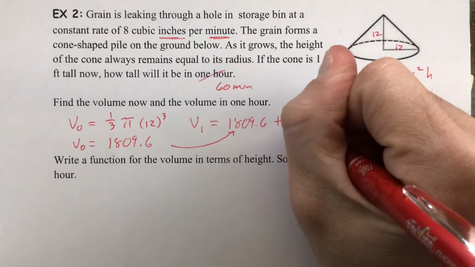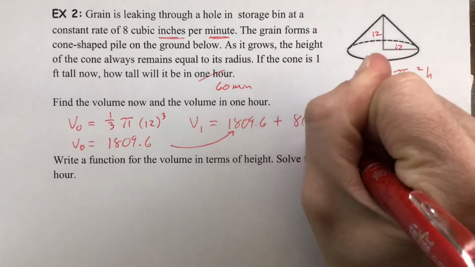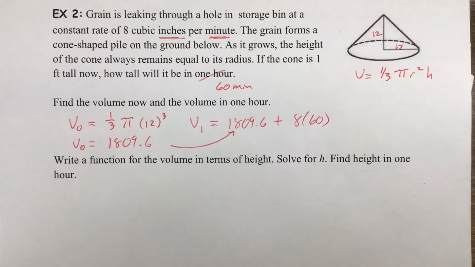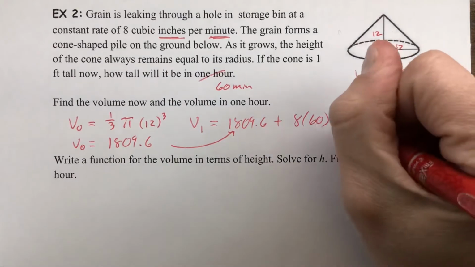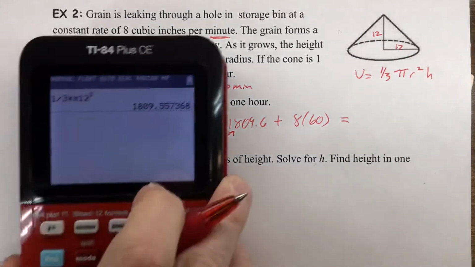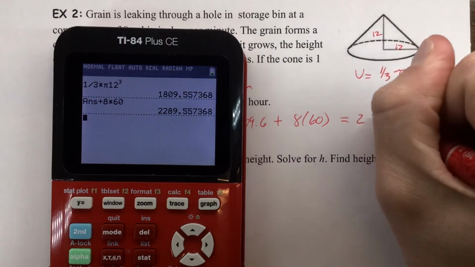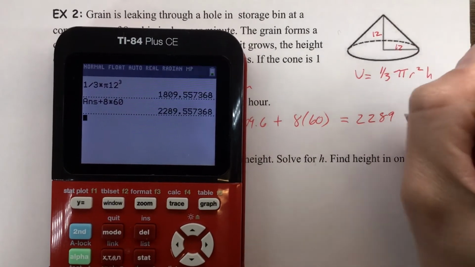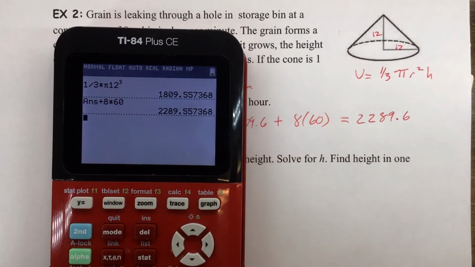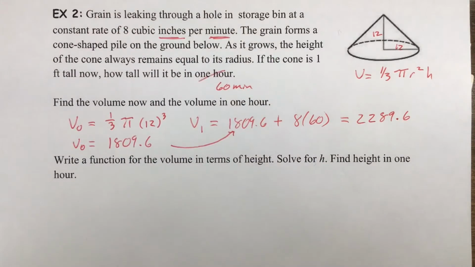If we multiply 8 by 60 minutes, that would give us our volume in 1 hour. So we'll just go ahead and take that answer plus 8 times 60. So we get 2,289.6. That would also be cubic inches.